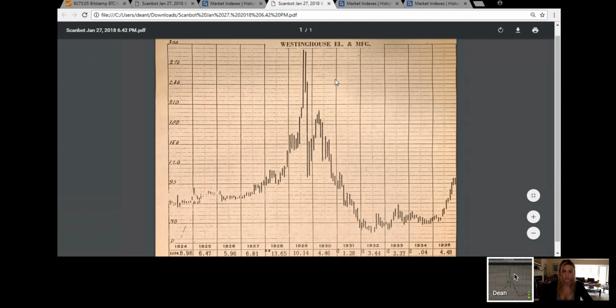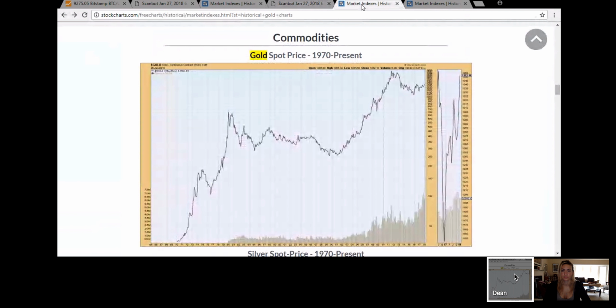And very quickly, I'm going to show you how complex some of these can become. This is the gold prices from 1970. 1 year later, in 1971, as we've mentioned before, the gold window was closed by Richard Nixon.